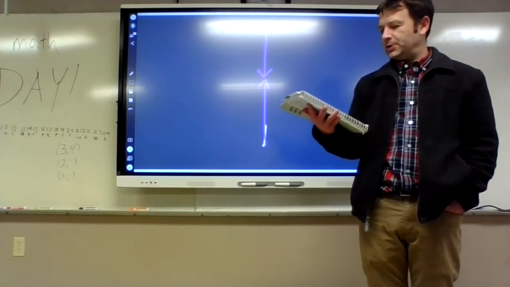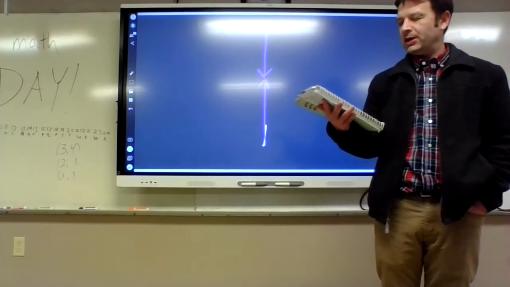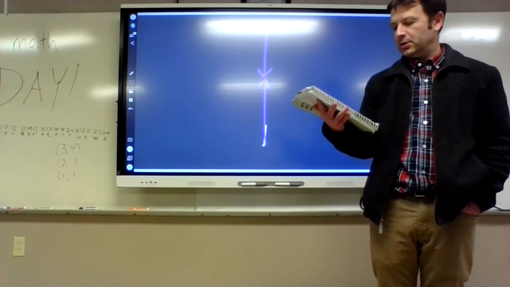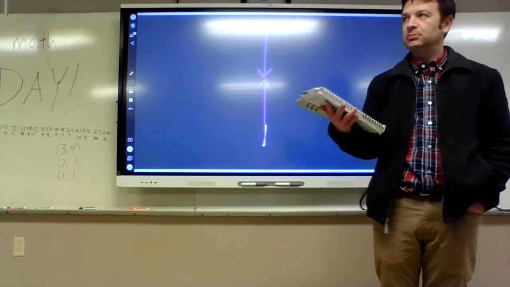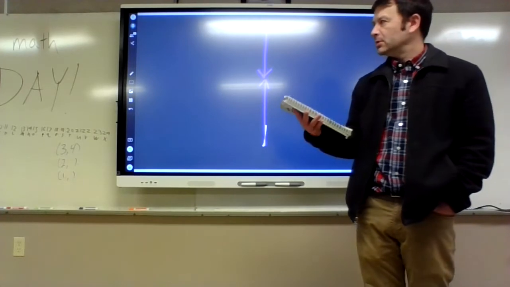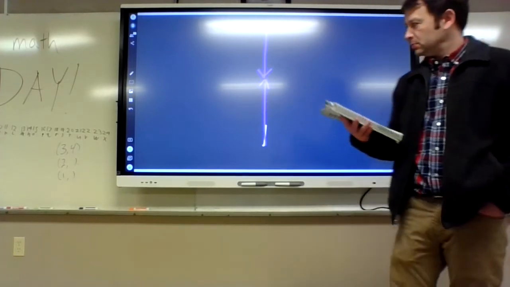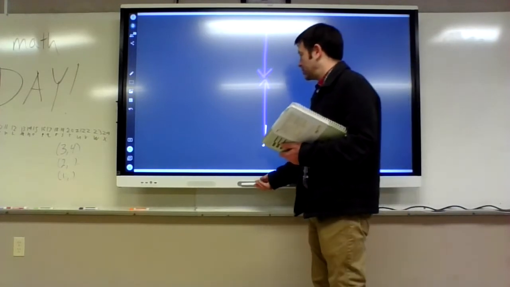What is the speed of each train if the northbound train travels 10 miles an hour slower than the southbound train? Alright, see how you did.